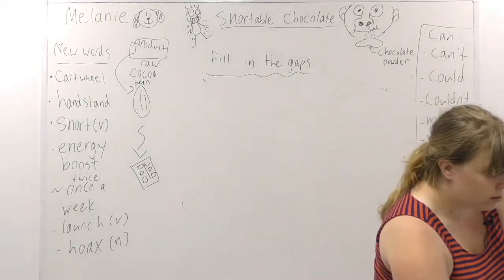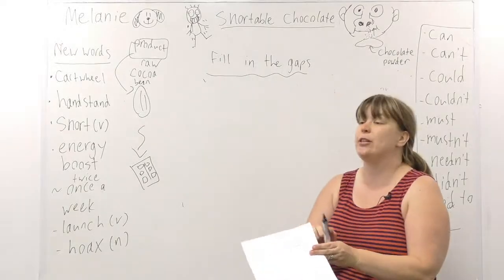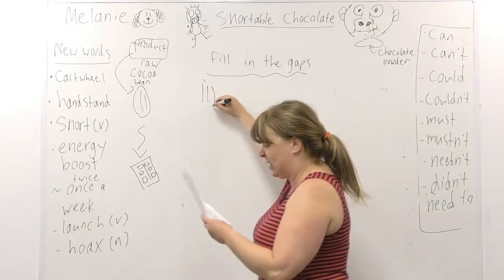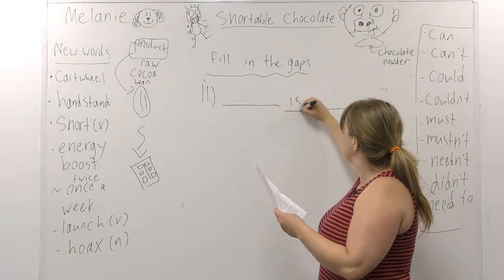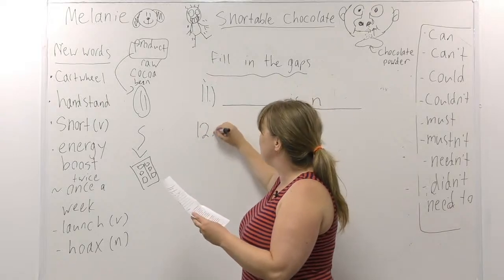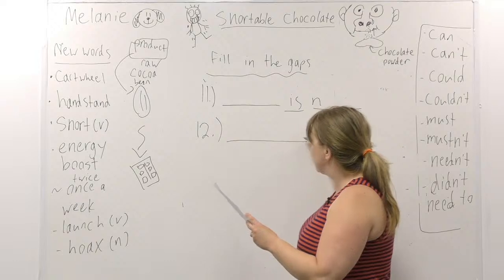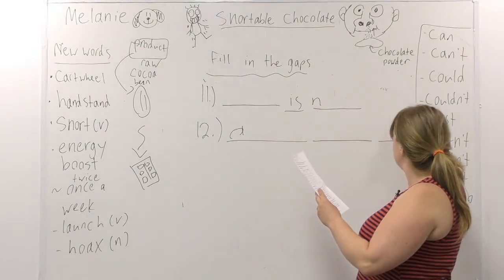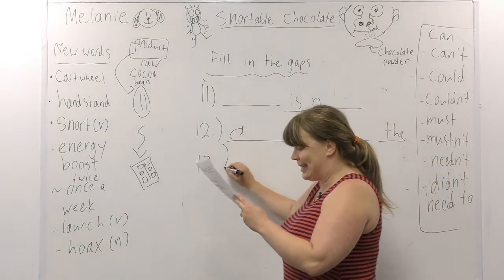Okay, so we're going to do this last paragraph here. We're going to try and do it quickly because we're running out of time, but that's my fault. I'm sorry. Okay, so I'm going to be filling in half the blanks here just to make it quicker. Okay, number 13.